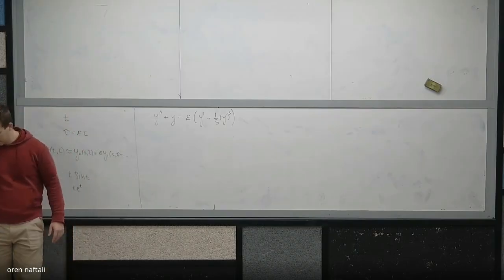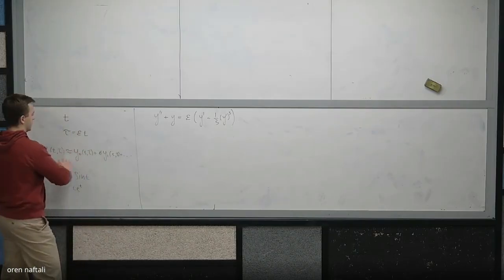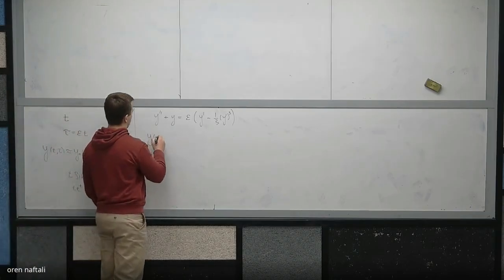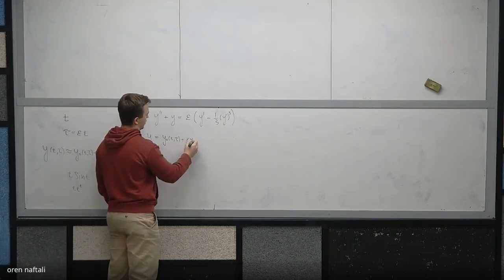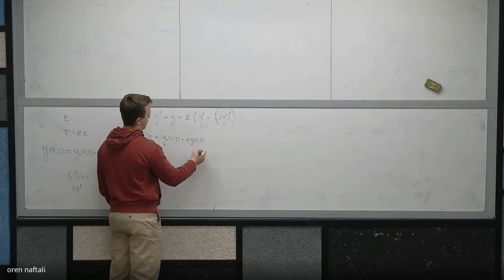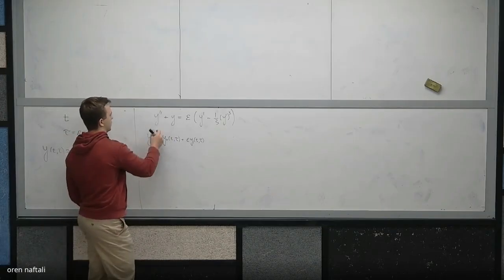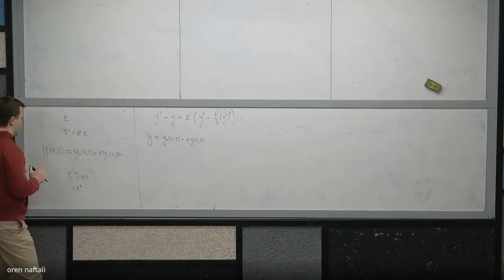As usual, we start with this expansion. So our solution is y naught of t and tau plus epsilon y1 of t and tau, and now we plug this solution into the original equation. And we also have to be careful with the derivatives.